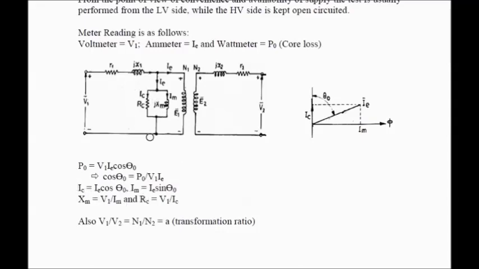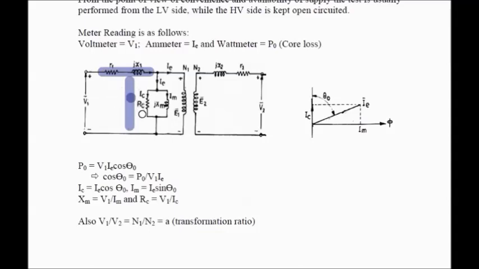Now look at this circuit. This R1 and jX1 are very small, so the voltage drop across them can be neglected. Hence the supply comes across this parallel branch, and the voltage across this parallel branch is also the supply V1.